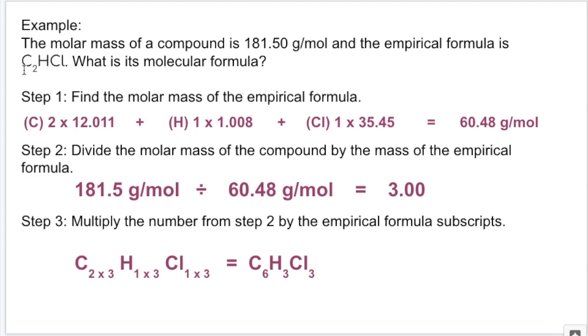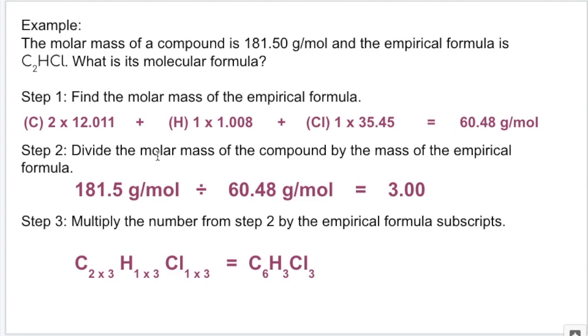Here we have 2 carbons, so 2 times the atomic mass from the periodic table, 2 times 12.011, plus 1 times the atomic mass of hydrogen, plus 1 times the atomic mass of chlorine, which is 35.45. When I multiply and add these together, I get 60.48.